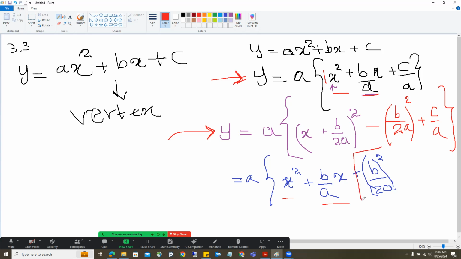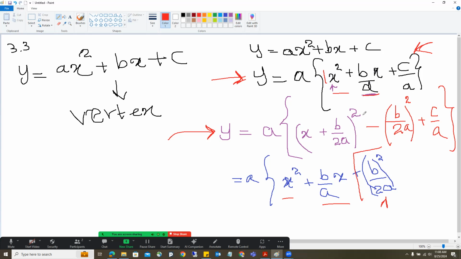Because of the square of this term, we are receiving an additional term which was not there in the initial equation. b over 2a completely squared was not there in the initial equation. The initial equation we had was a times x squared plus b over a x plus c over a.